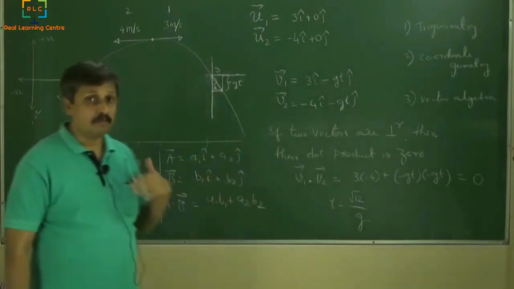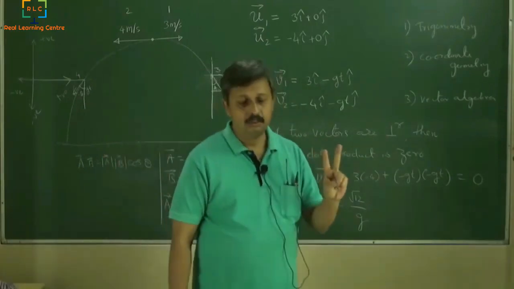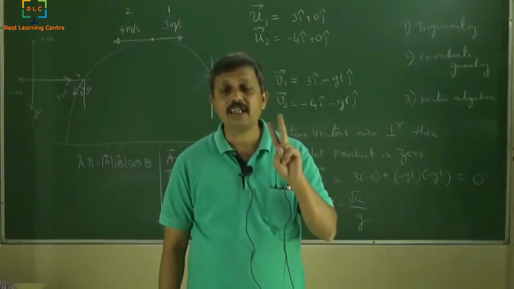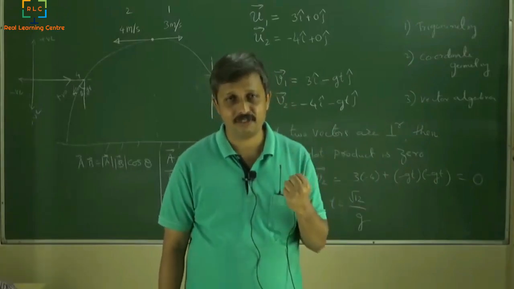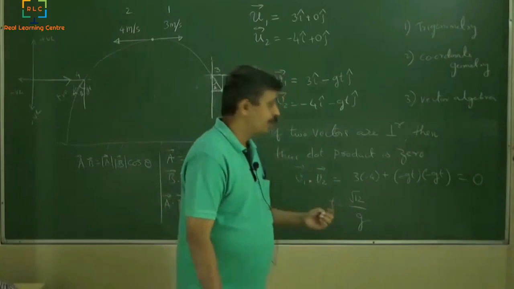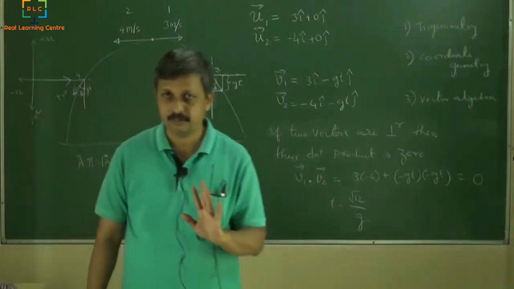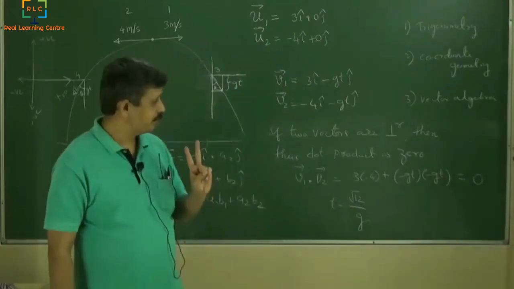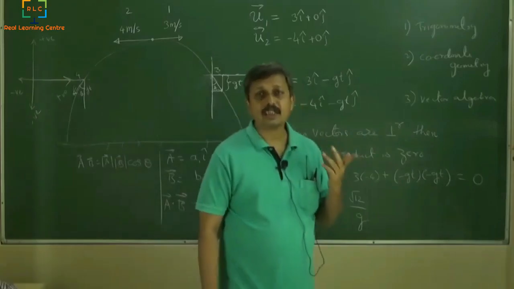So whenever we say two vectors are perpendicular, there are 3 different conditions we can use to get the equations. One of them is angle sum is equal to 90 degrees. Second one is product of the slopes is -1.